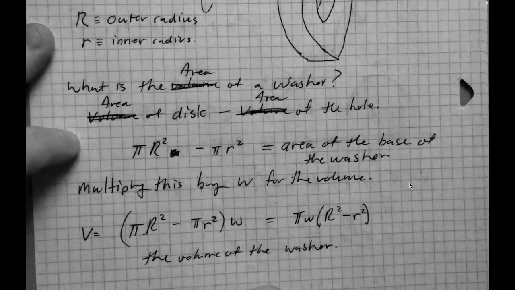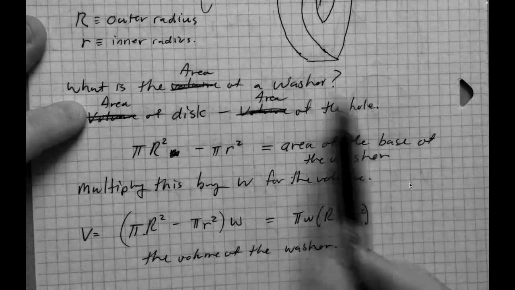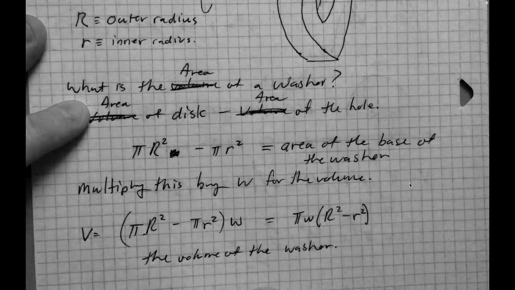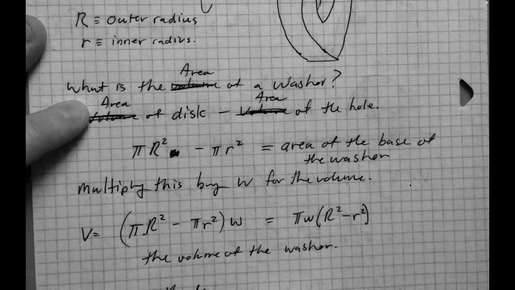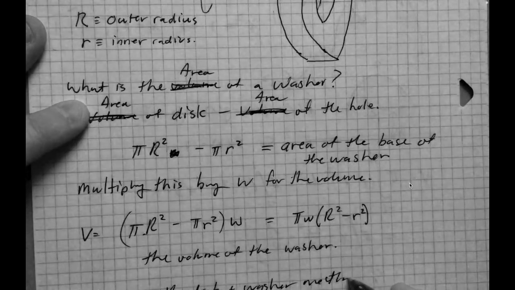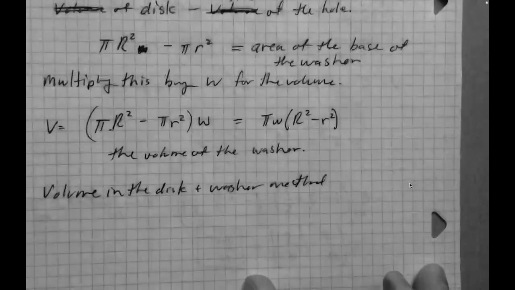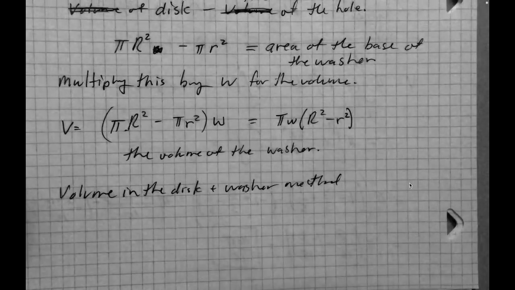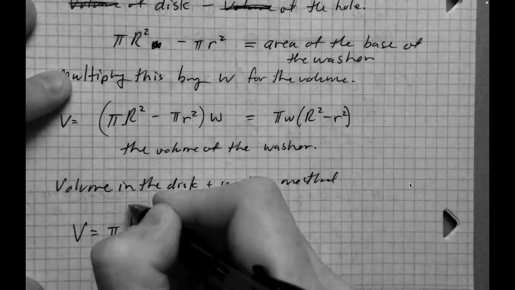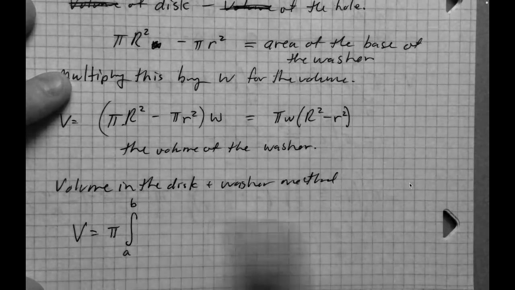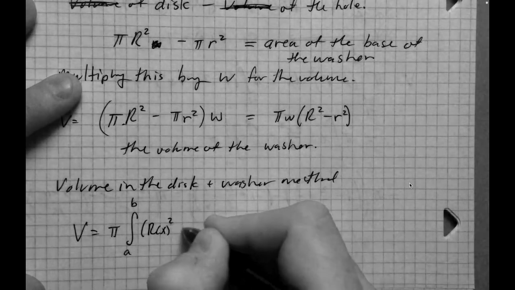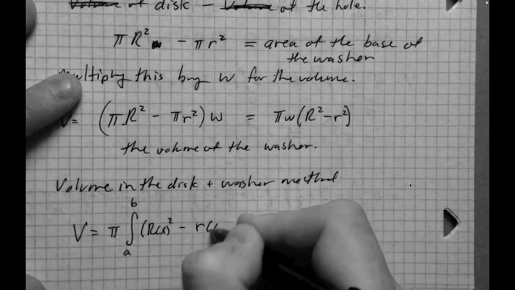So the volume in the disc and washer method looks real similar to what we saw last time with just the disk method. It's just V equals pi times the integral from a to b. And now instead of just R squared, it's R of x squared minus little r of x squared.